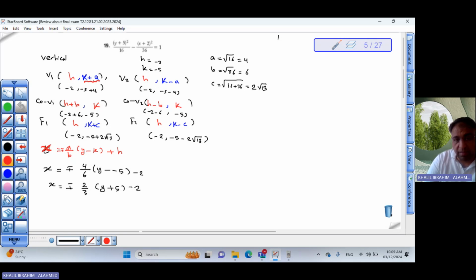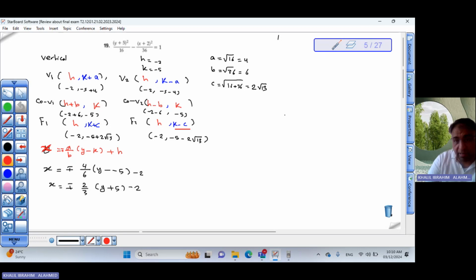The vertices are related to A: plus A, minus A. The co-vertices are related to B: h plus b, h minus b. Be careful about this. The foci F1 and F2 are related to C: k plus c, k minus c.